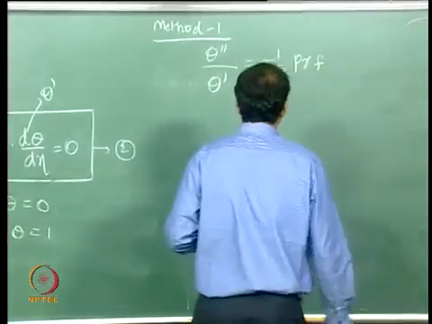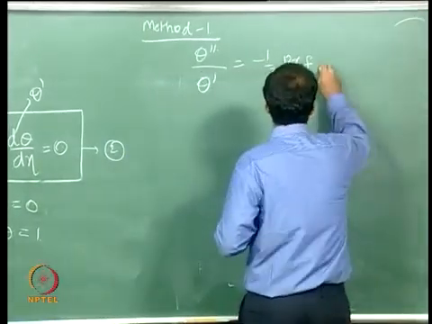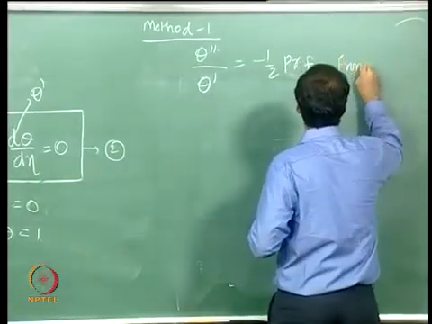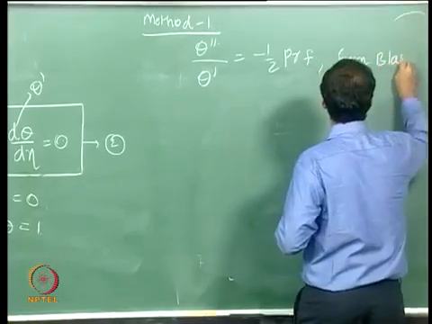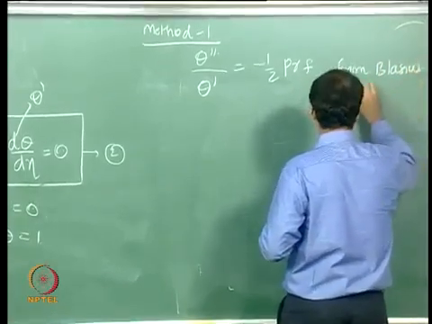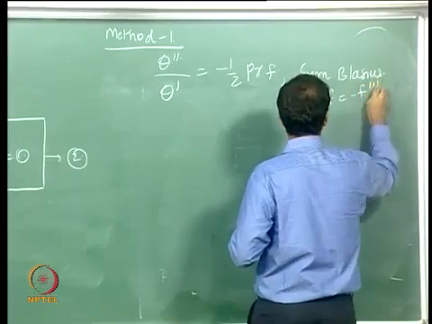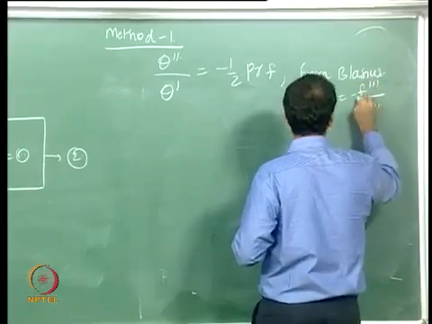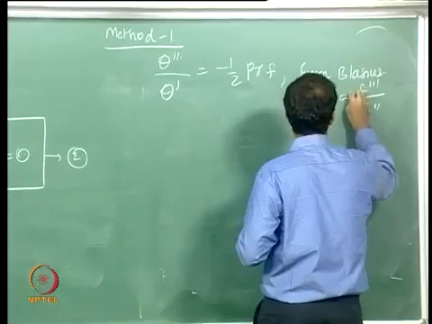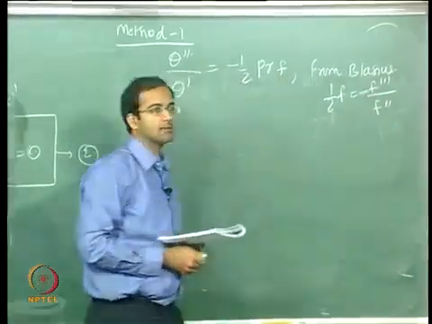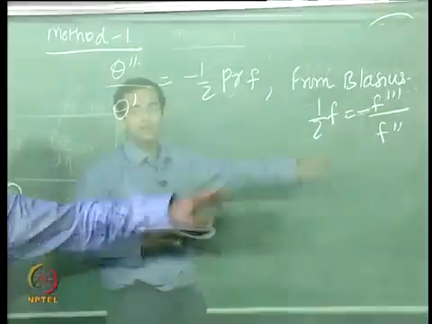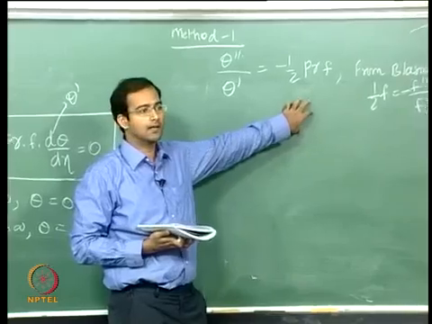From the Blasius equation I also know that, if I rewrite the Blasius equation, I can say half of f is equal to minus f triple prime by f double prime. So if I rewrite the Blasius solution I can write like this.